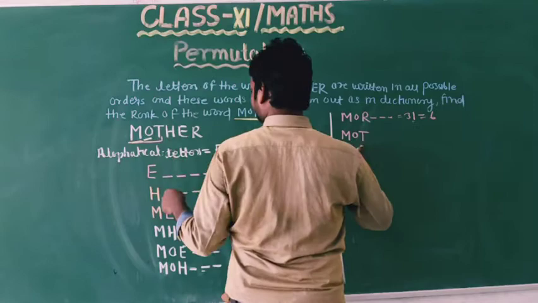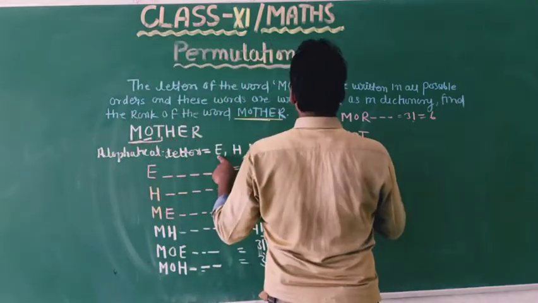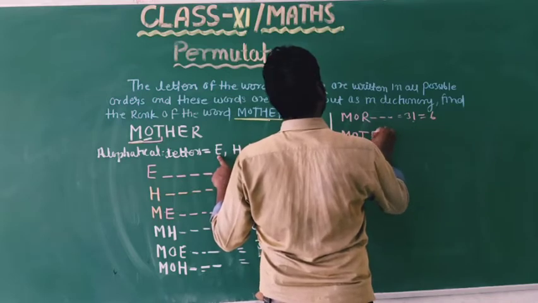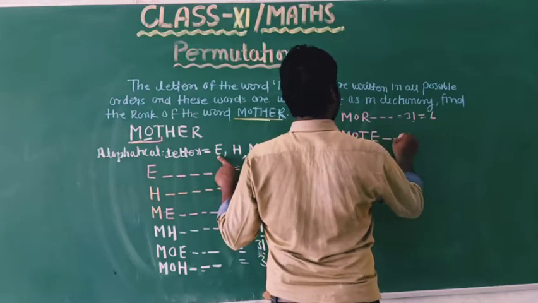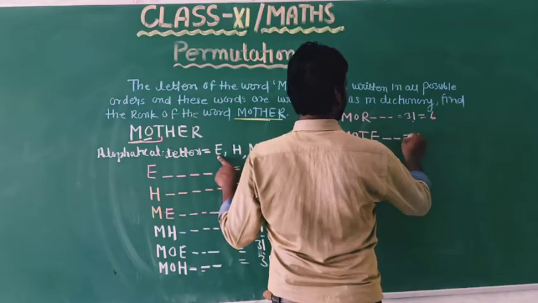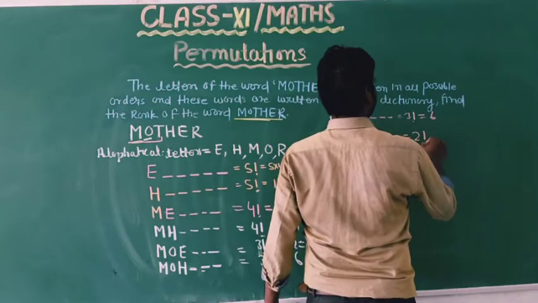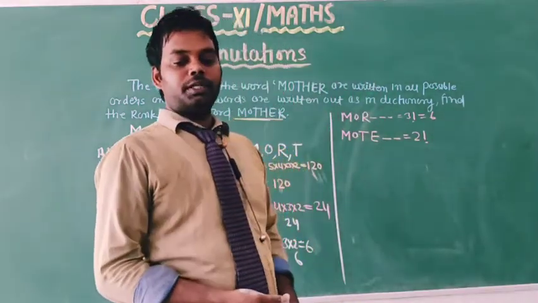After T, in alphabetical order, comes E, so we fix E, and here we have 2 letters remaining. So these are arranged in 2 factorial ways.